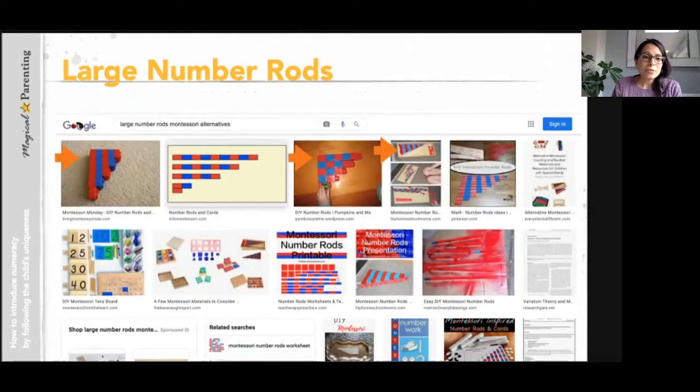Another alternative I found on Google, when you type large number rods Montessori activities, is not exactly the same, but it could be an option if you cannot do the other two. You can build it with Legos or Duplos.